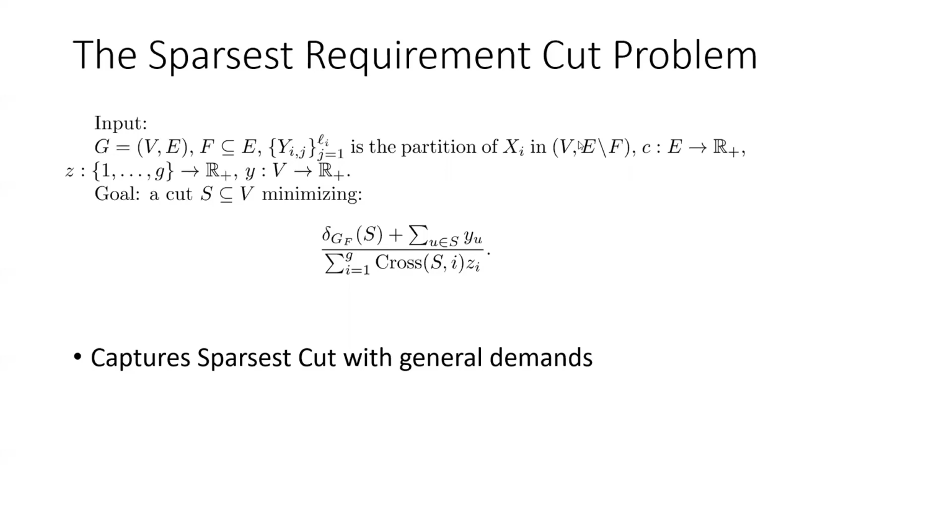Also, we see that if we have here each X at the size of 2, and the weights of the vertices as 0, then we capture the sparsest cut with general demands.